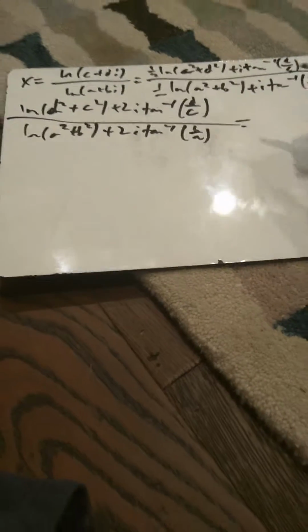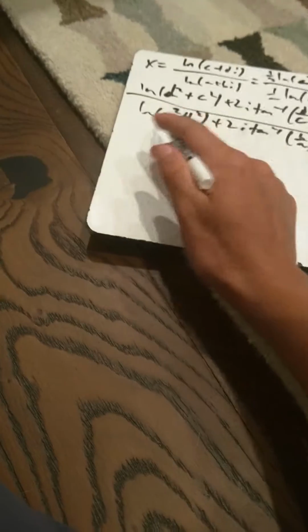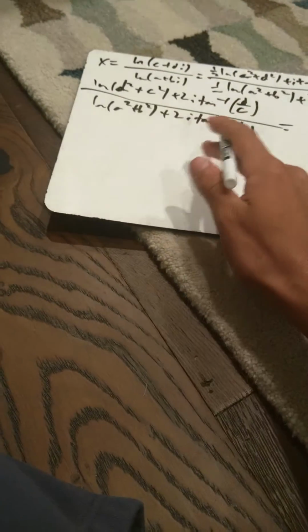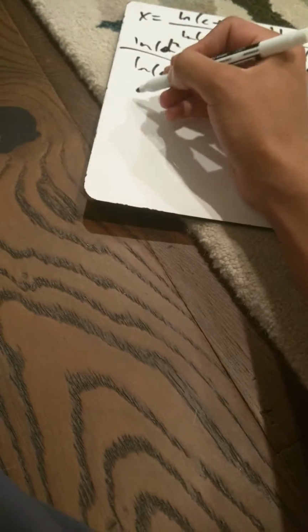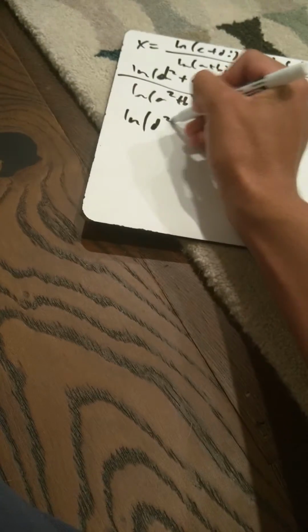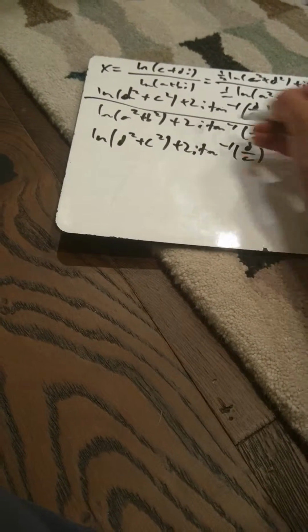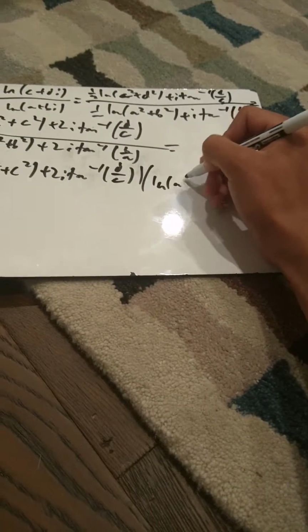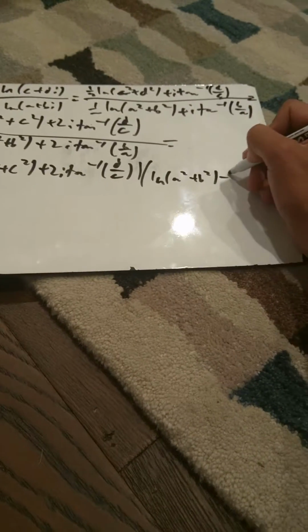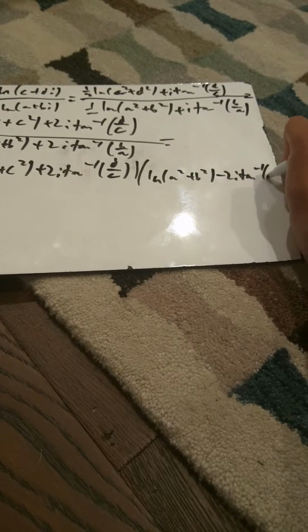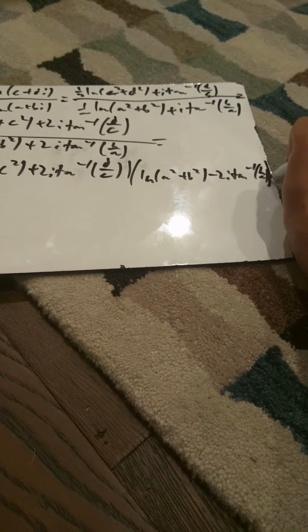There we go. We can write this as, we multiply both sides by ln a squared plus b squared minus 2i arctangent of b over a. So we get ln of d squared plus c squared plus 2i arctangent d over c, and multiply this by ln of a squared plus b squared minus 2i arctangent b over a.